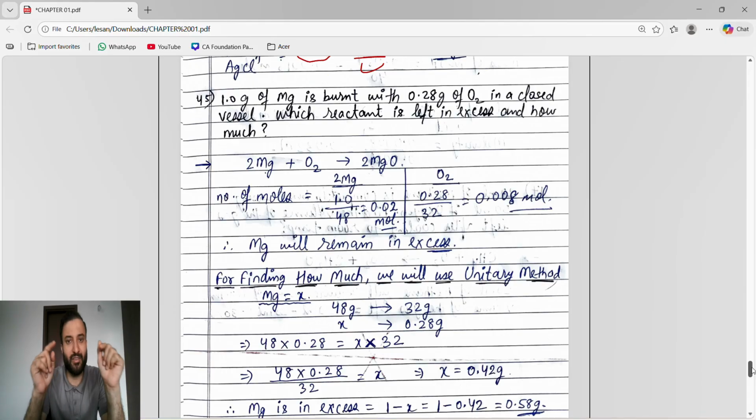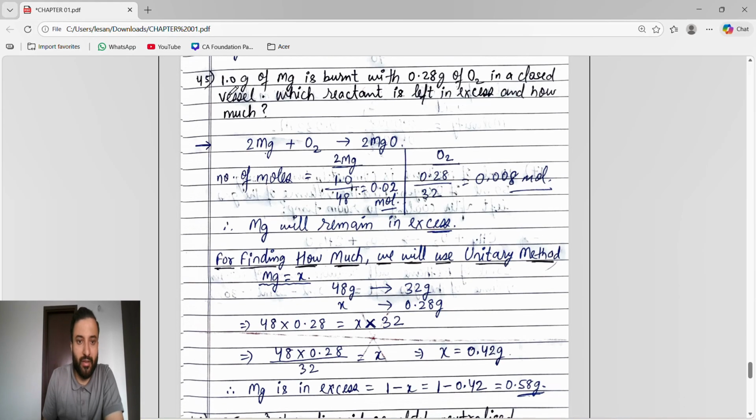So given mass divided by molar mass, and we see whose number of mole is less. Whoever's number of mole is less becomes the limiting reagent. We use the number of moles of that limiting reagent, multiply, and get the answer, right? This is very important.